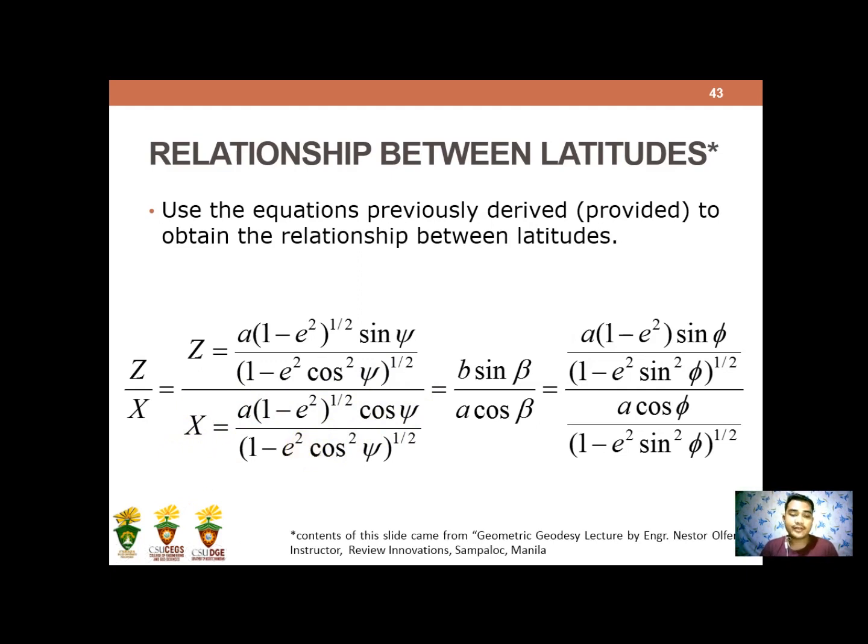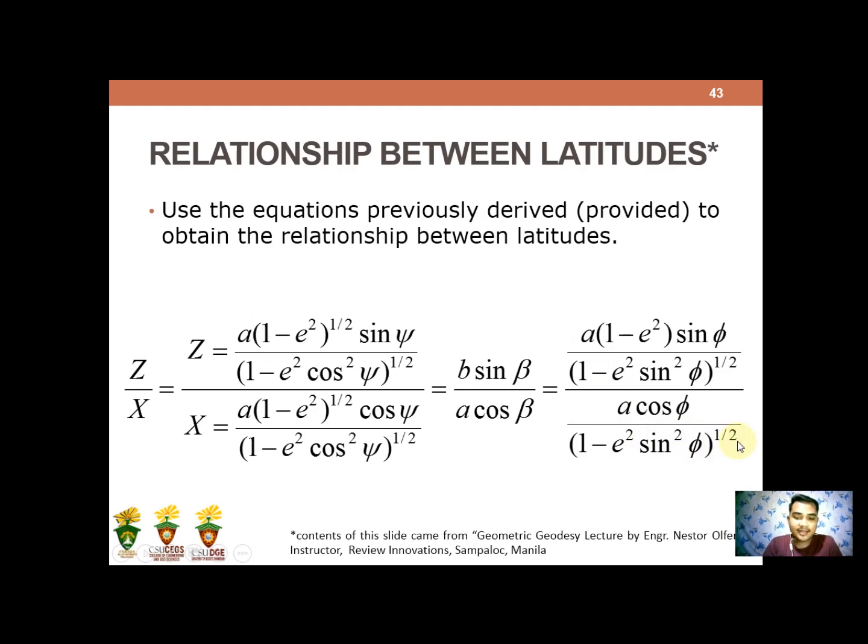For reduced, for the z coordinate we have b sine reduced latitude, and for x we have a cosine reduced latitude. And for geodetic coordinates, for z we have a times 1 minus e squared sine geodetic latitude all over 1 minus e squared sine squared geodetic latitude raised to the power of 1/2. And for the x coordinate, we have a cosine geodetic latitude all over 1 minus e squared sine squared geodetic latitude raised to the power of 1/2.